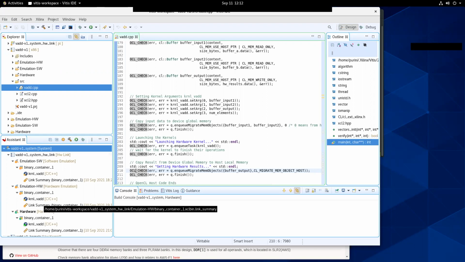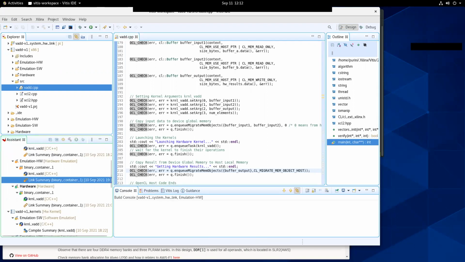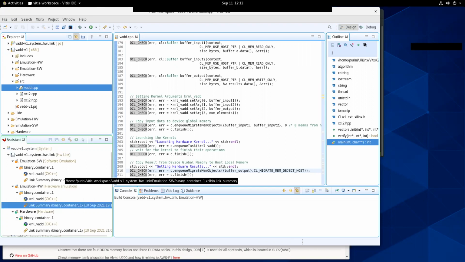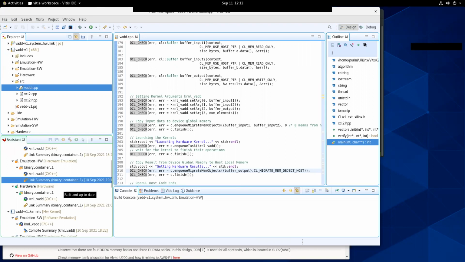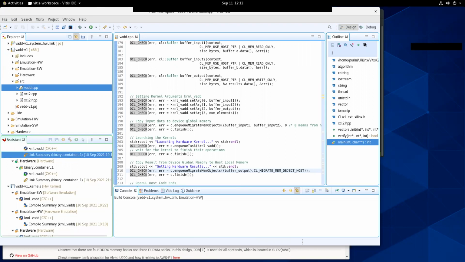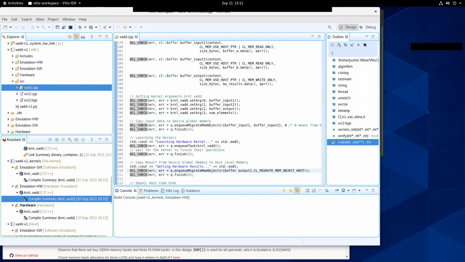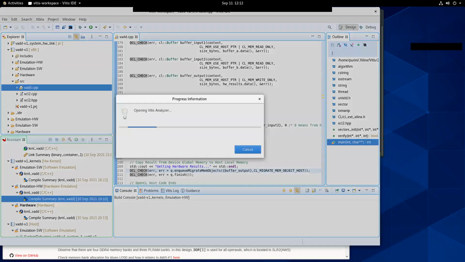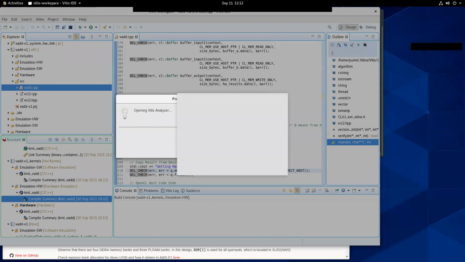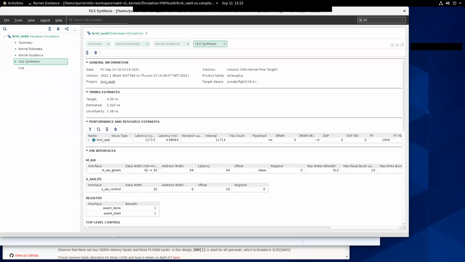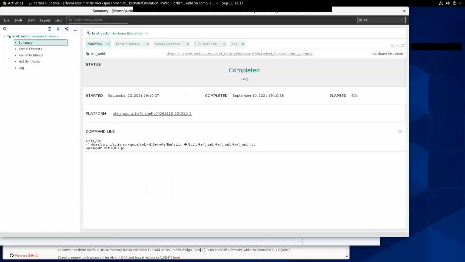And if you see the hardware summary, if you go down and see under the vadd V1 kernels simulation hardware, let's see this one. We can analyze what we have by looking at these logs that are generated.